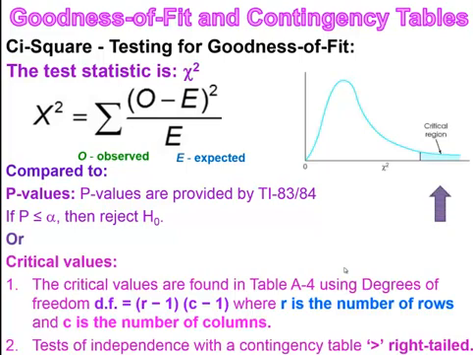When we find the critical value, though, our degree of freedom is going to be based on our row minus 1 times the column minus 1. So it's important that the degree of freedom is calculated correctly to find that critical value. And this will also be a right tail test. So if our test statistic does not fall in the shaded region, we would fail to reject the null. If it falls in the shaded region, then we reject the null.